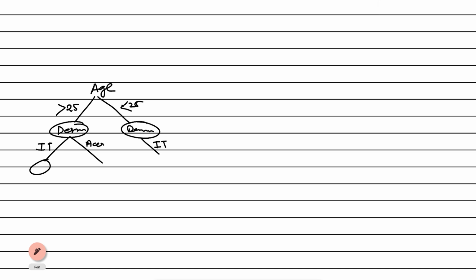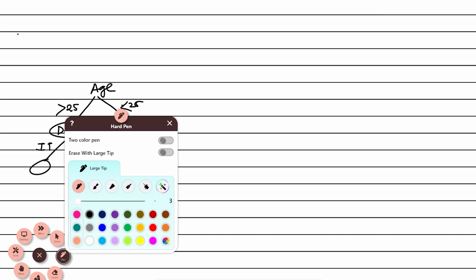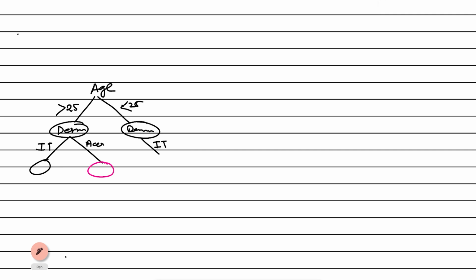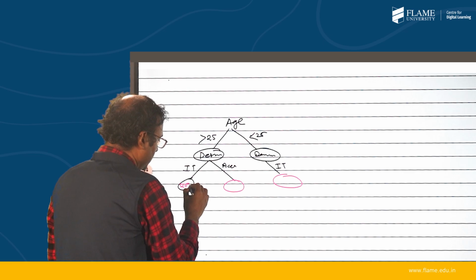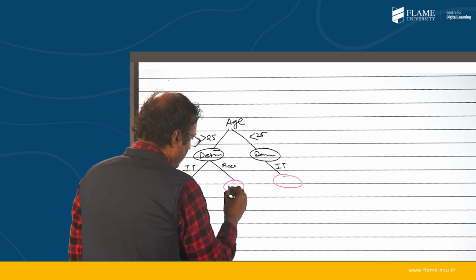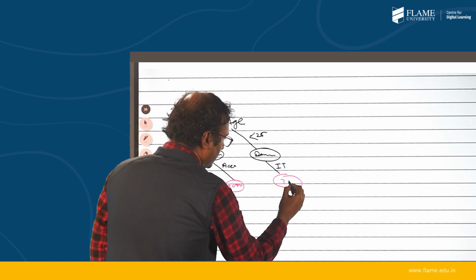So you can easily create the rules for a particular prediction. So this was around 20,000 or something, or this was 30,000, 35,000.